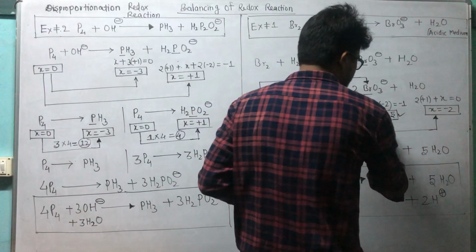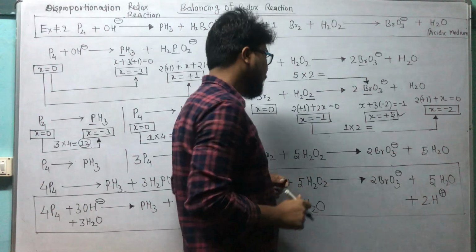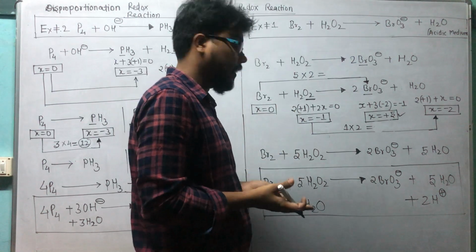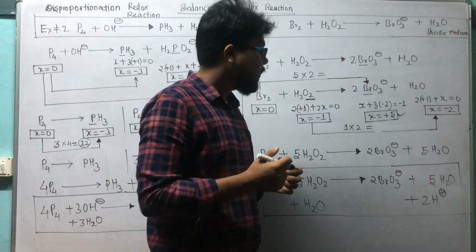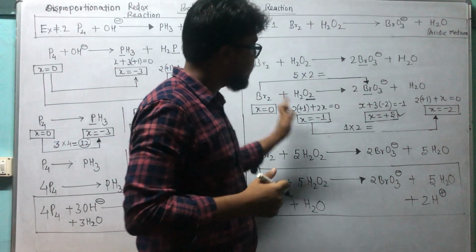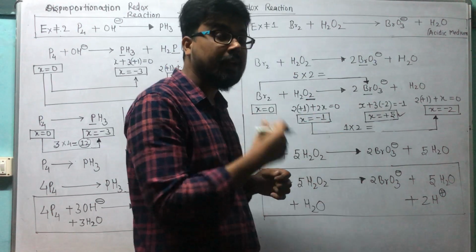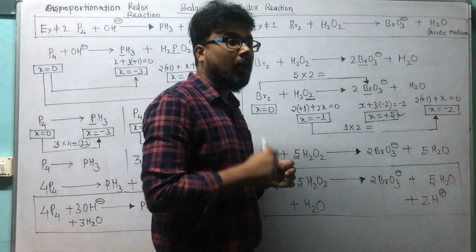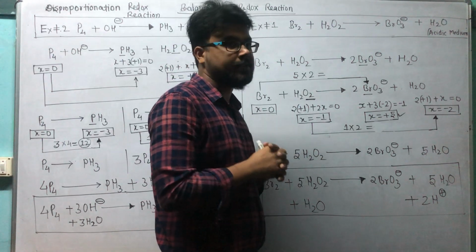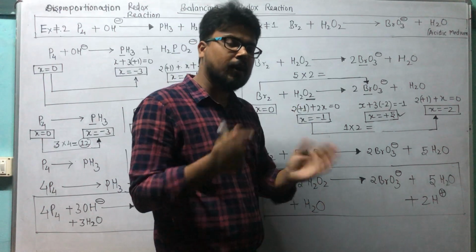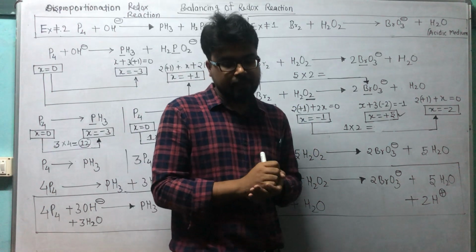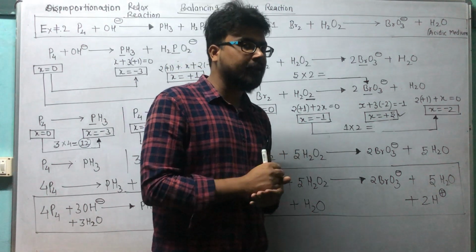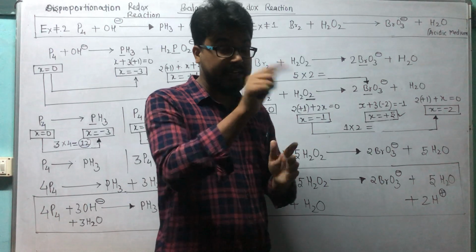Correct? Next, see, now I have hydrogen and oxygen. The problem is: which species is oxidizing or reducing? How will I come to know? So I have a concept: the ox number of hydrogen is fixed, either +1 or -1. When H is attached with a metal, the ox number will be -1 for that hydrogen.